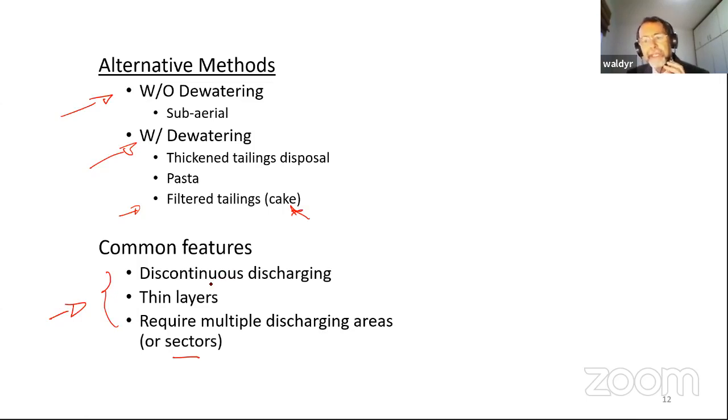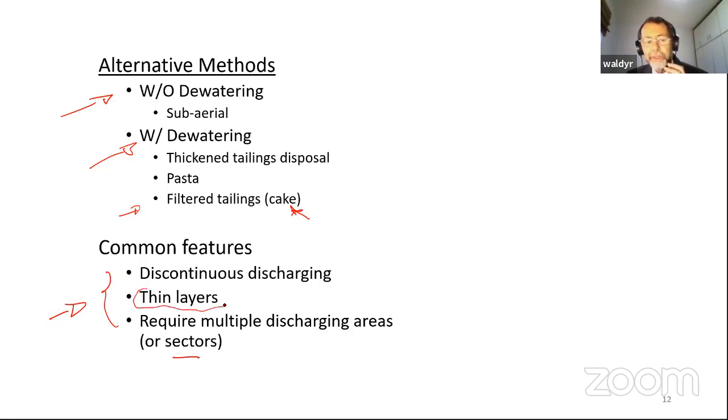You're going to send tailings to the disposal area all the time. So you may need to dispose sometimes in different places, because one of these features is that you have to have discontinuous discharging.